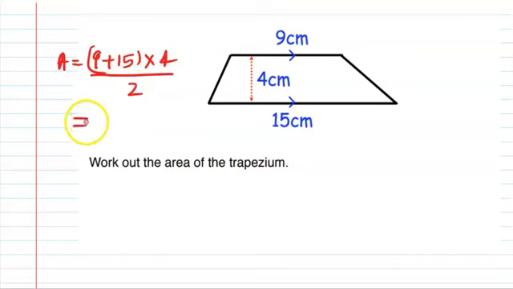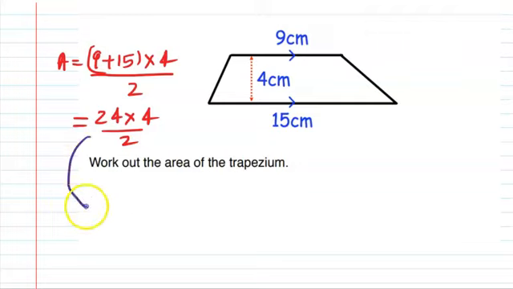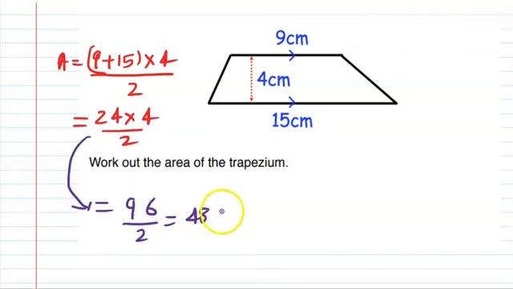So 9 plus 15 is how much? Amber, 9 plus 15. 24. And 24 times 4 divided by 2. Which method will you prefer, Amber? First dividing and then multiplying, or first multiplying then dividing? Multiply. So 24 times 4, if you multiply, how much will you get? 96. Half of 96 is what? And what will be the unit?